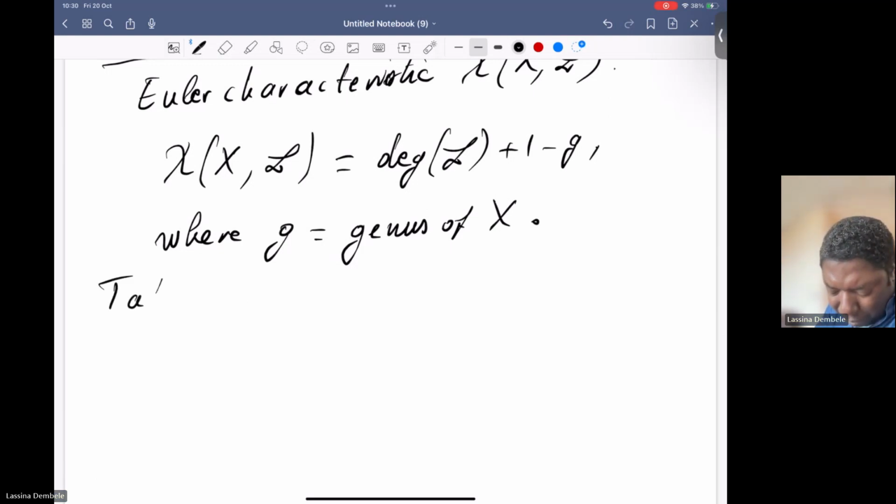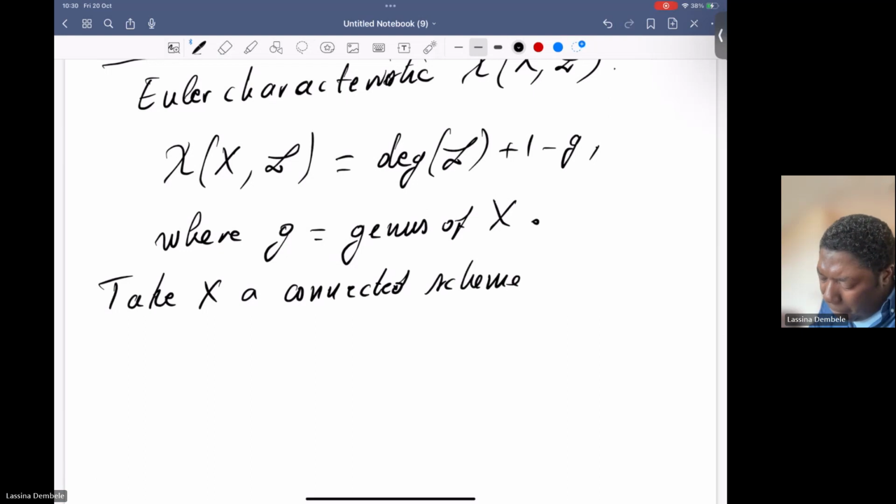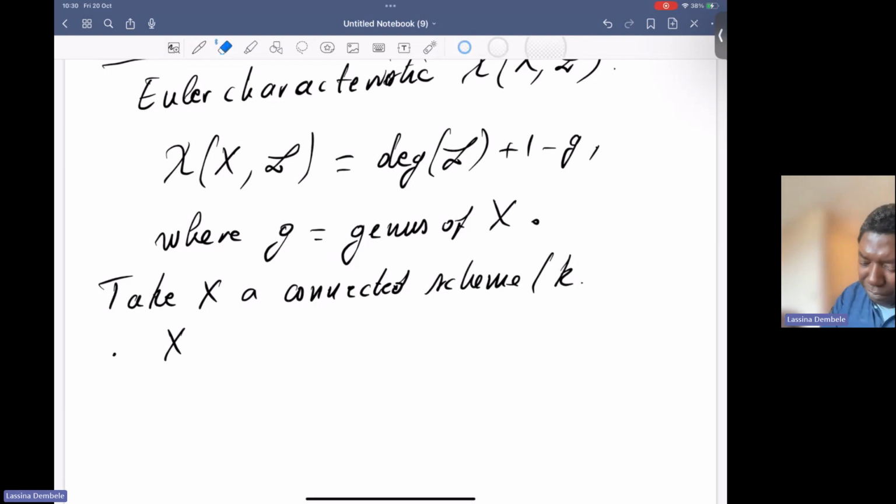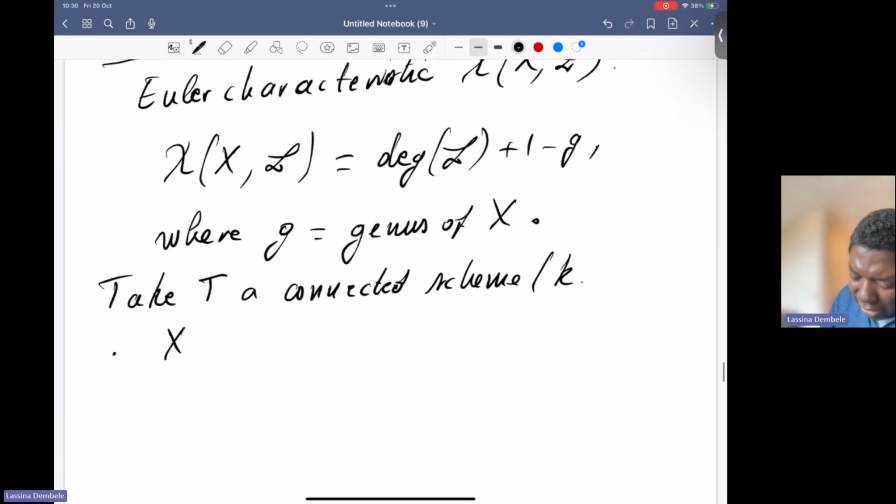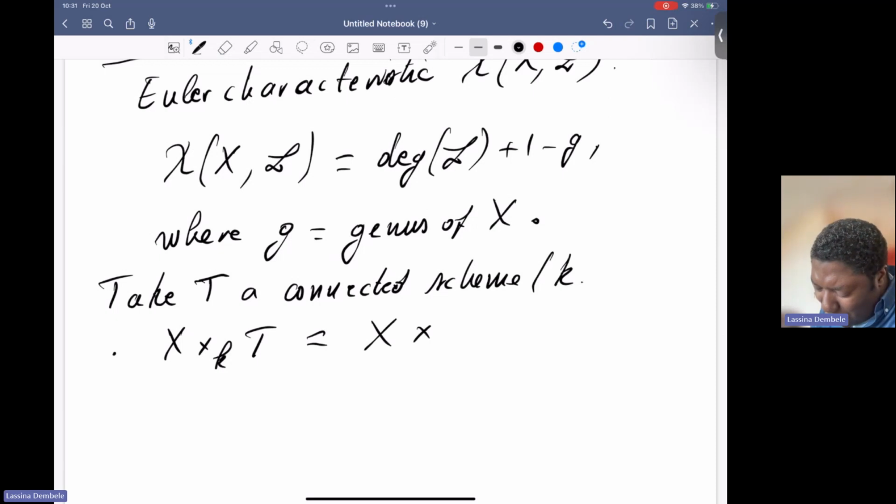Take X to be a connected scheme over K, and let T be a connected scheme over K. I'm going to write X_T, the fiber product of X over K, as a shortened notation, but it's really not a big deal.